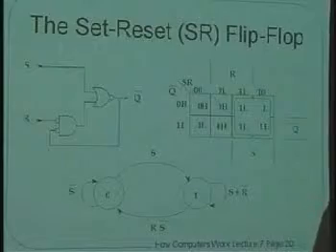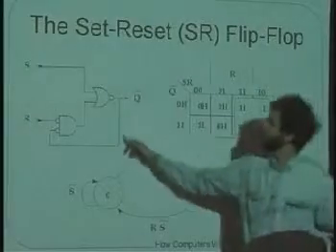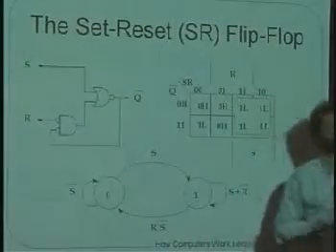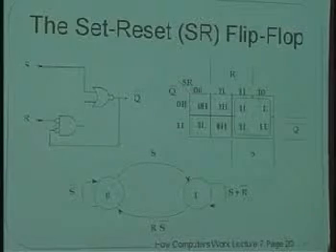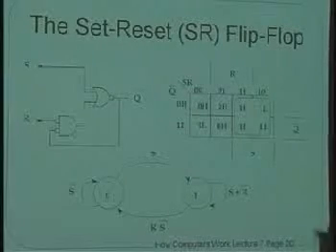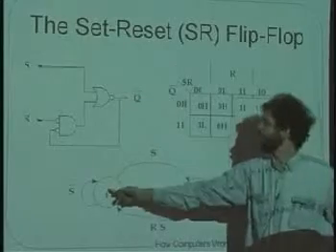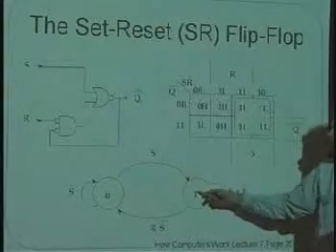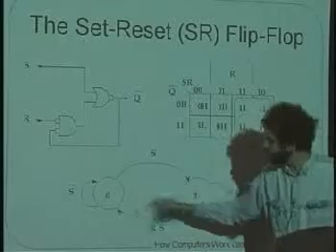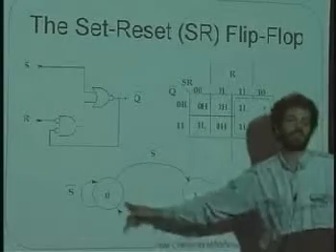Okay, it's hazard-free. It has one bit of feedback like this, and if only one input changes at a time, it's guaranteed to work. How the circuit works is that if you put a 1 on the set line, it goes into this state, and if you put a 1 on the reset line and you don't put a 1 on the set line, it goes into the other state.